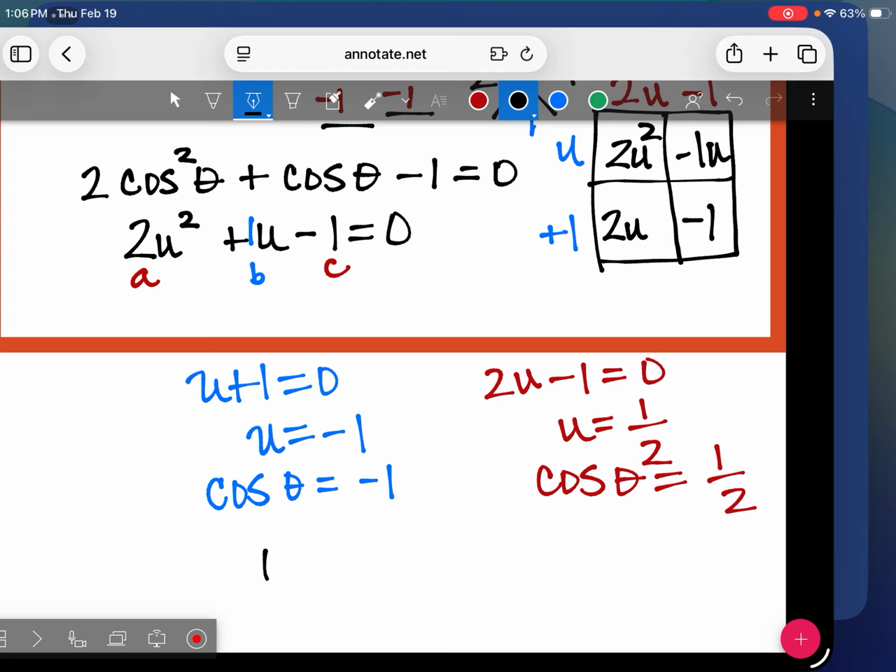So I'm looking for 3 answers. So what would be one of my answers? Where is cosine negative 1? Pi. Where is cosine positive 1/2? Pi over 3. And what else?